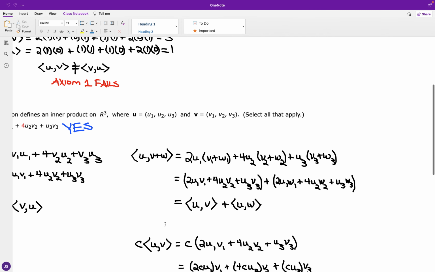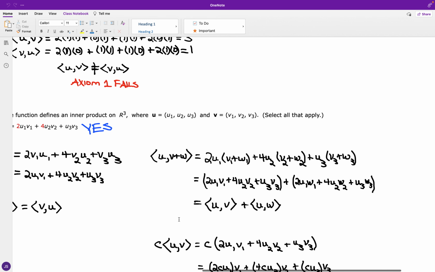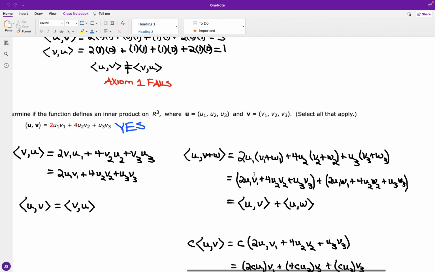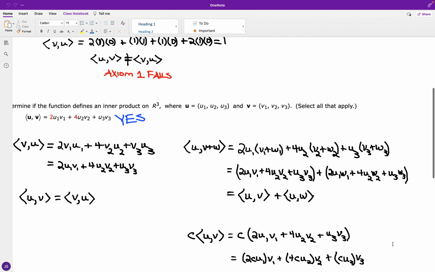And we have with the next, for u paired with v plus w, substituting, we have 2 times u sub 1, and in lieu of v sub 1, I have v sub 1 plus w sub 1, and following through in analogous fashion, replacing v with v plus w and matching the subscripts.